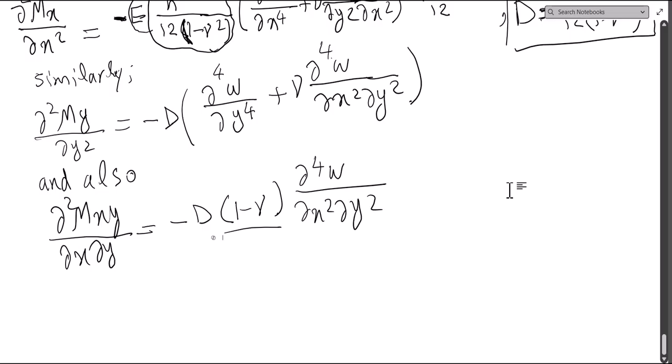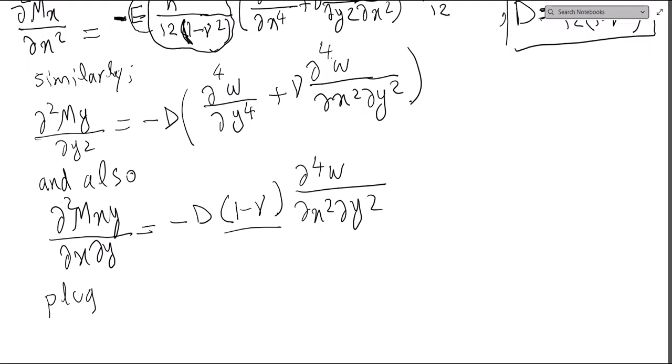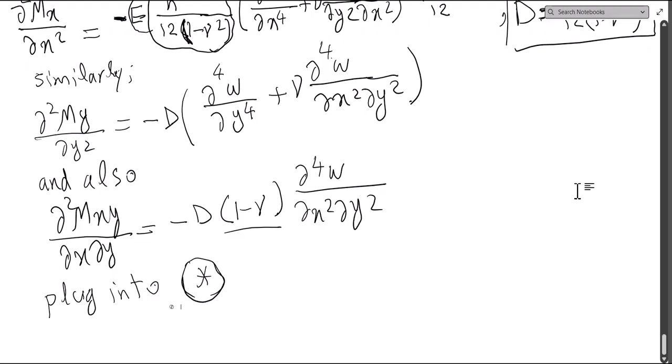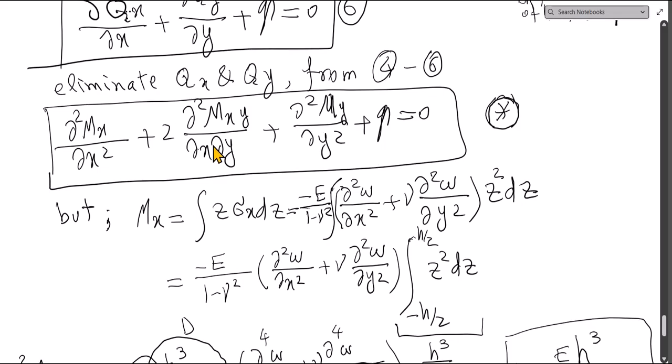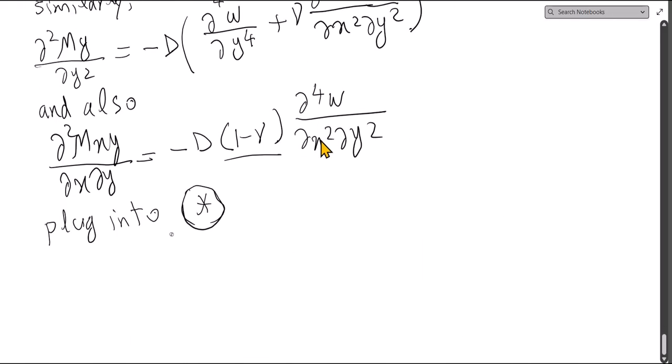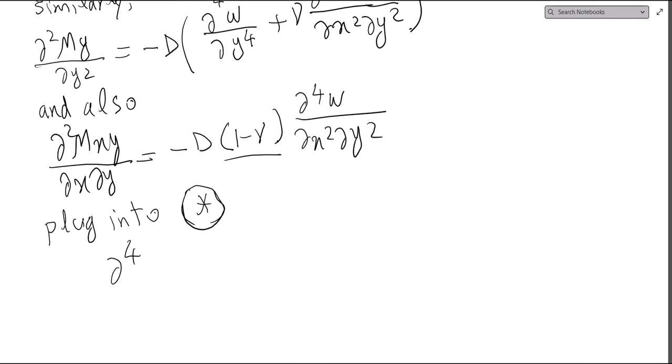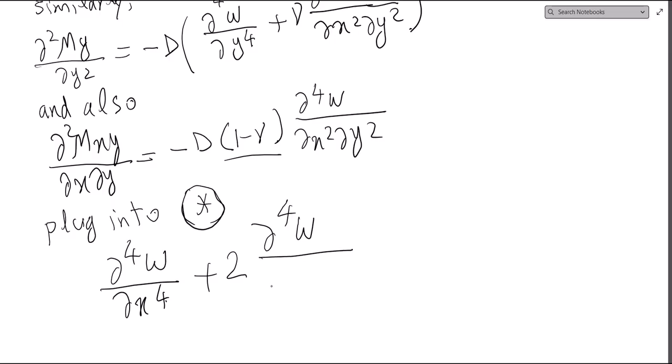Okay, so that's done basically. So plug into the star. The star equation is this guy, and then you get the celebrated result of d4w dx4 plus, the terms multiplied by mu cancel out nicely and beautifully.